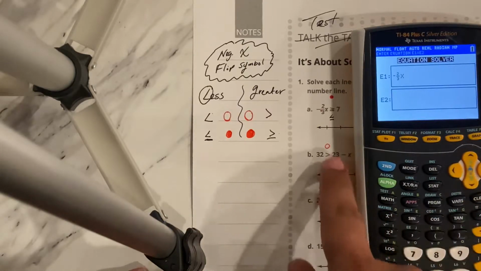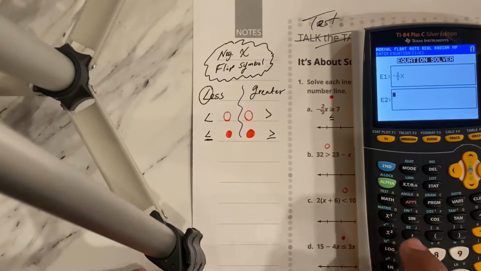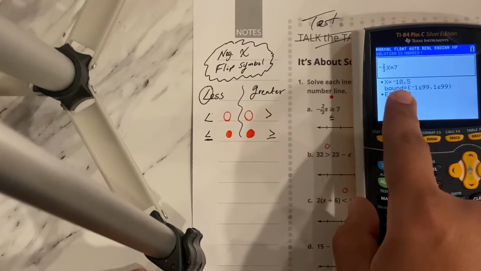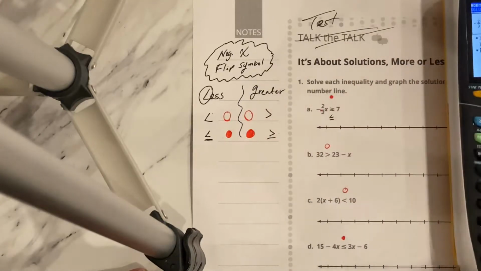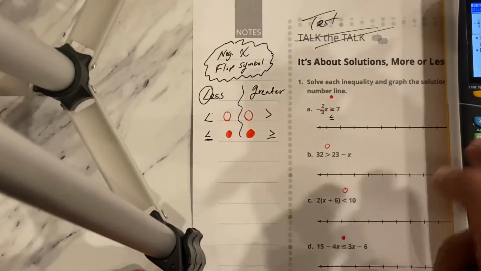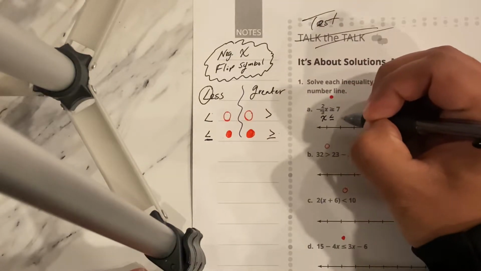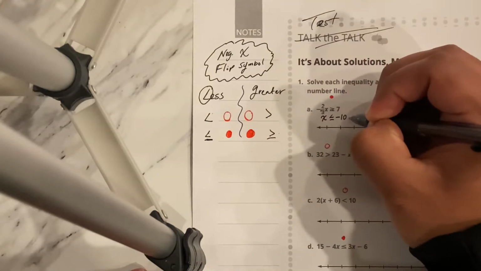Coming downstairs, 7. Alpha enter. x is negative 10.5. x is less than or equal to negative 10.5.